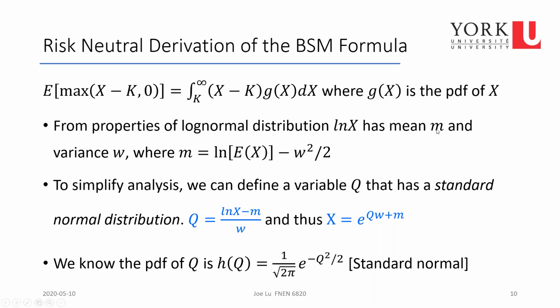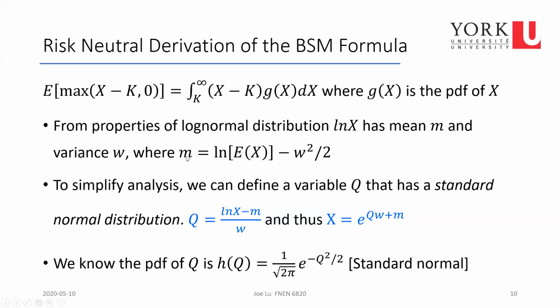And log x has a mean and a variance, where the mean, if you just look at the distribution there, is log of the expected x. So this is the mean of log x, and this is the mean of x.